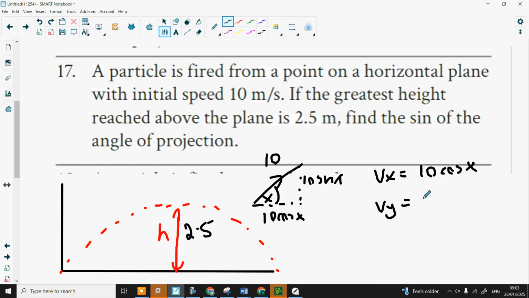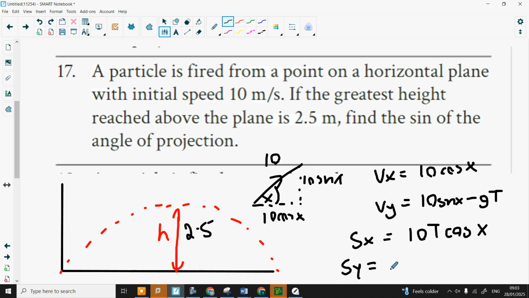Vy? 10 sine X minus GT. Sx. Good man. Sy. We all good?